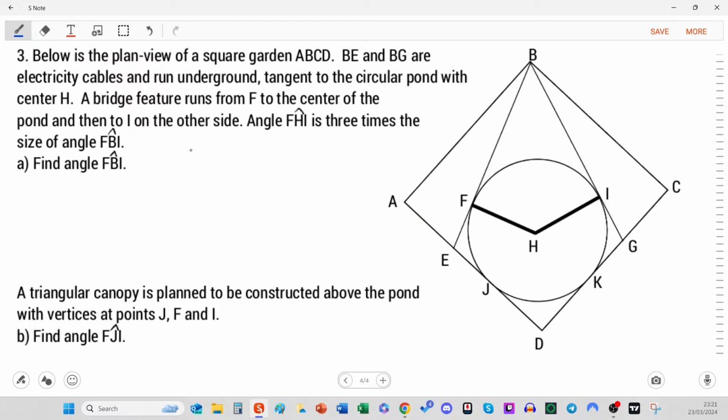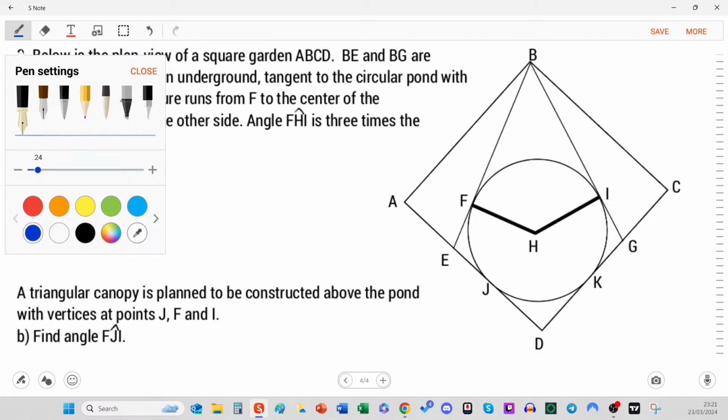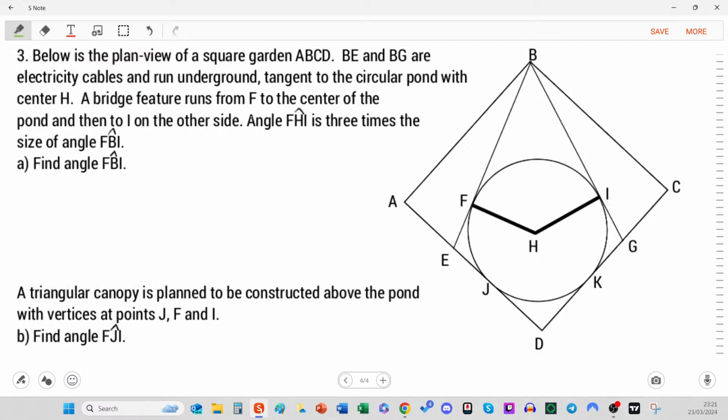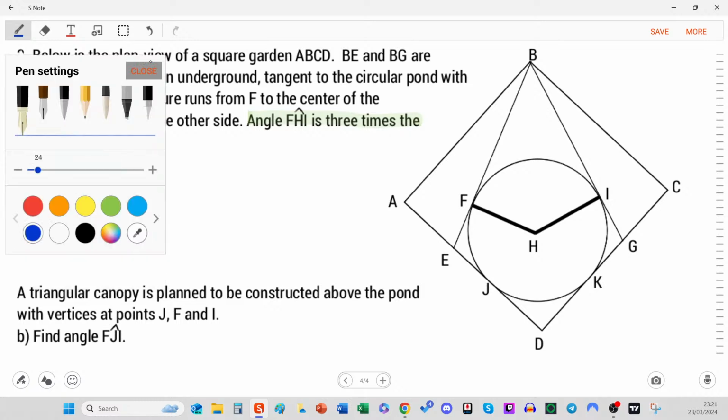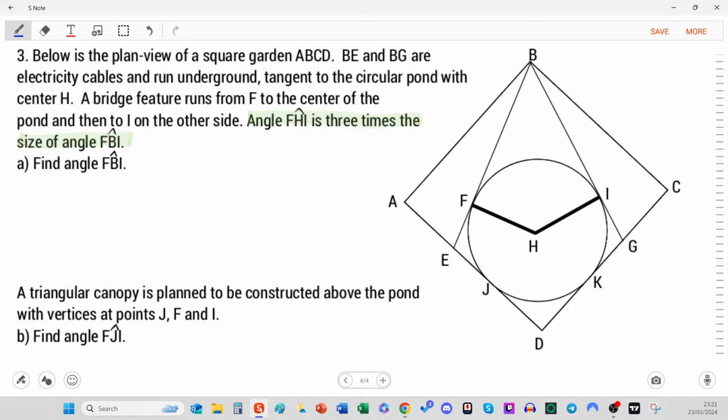But the key is in the final statement here. FHI is 3 times the size of FBI. How else can we write that? Well, let's just say FBI, let's call it x. Then FHI here is 3x.